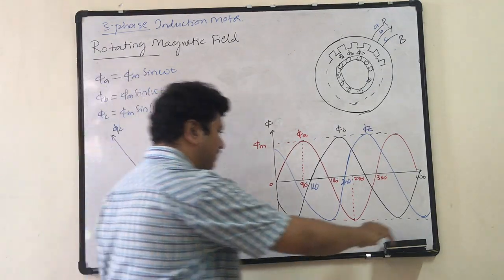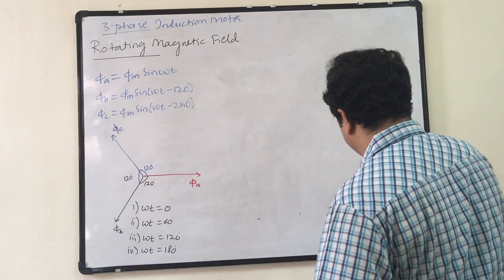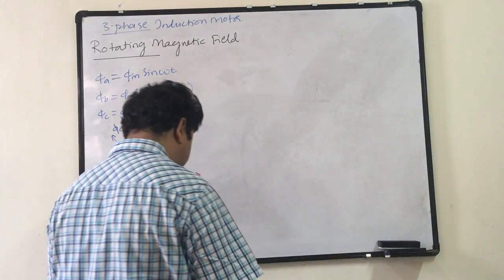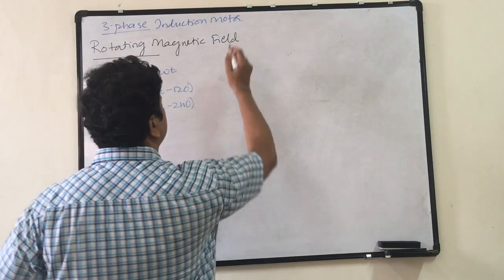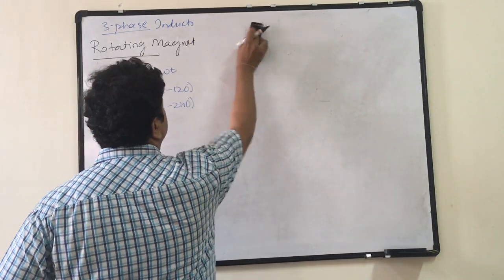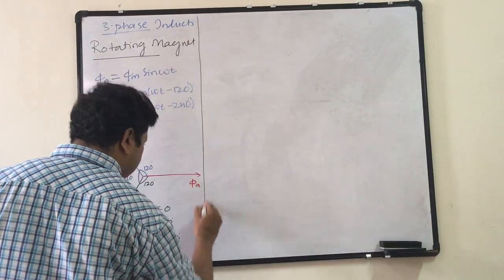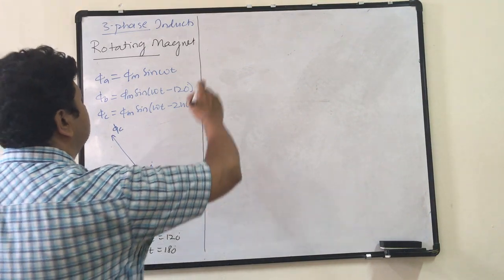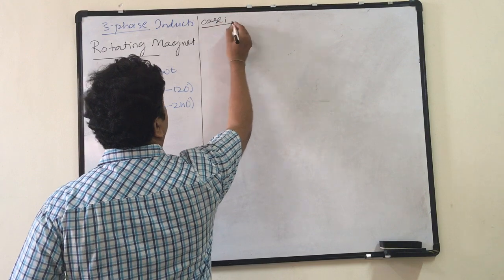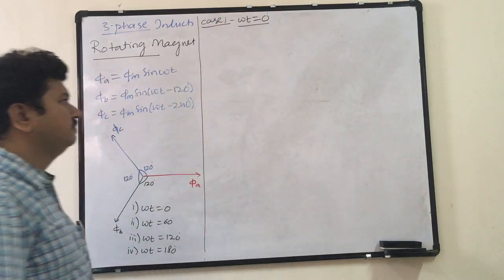So now I will just clean it up. Case 1, at omega t equals 0 degrees.